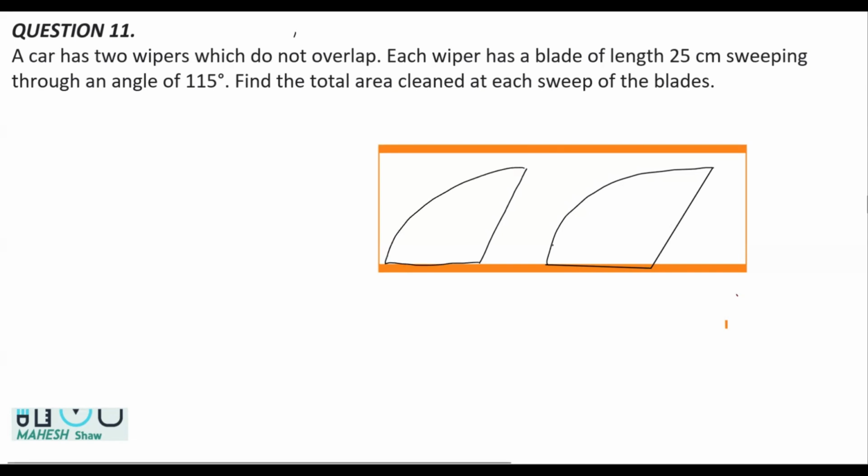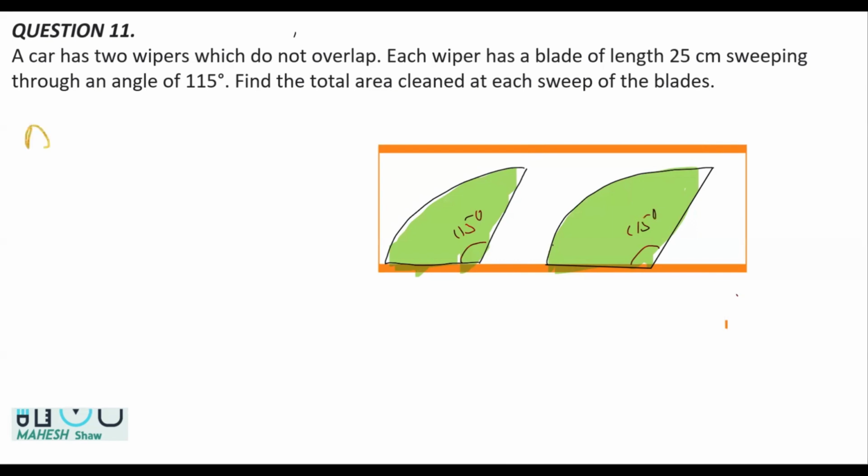So what you can figure out is that the area swept is in the shape of a sector. This is the first wiper, and this will be the second wiper. Now we have the central angle given here. This is 115 degree. This is also 115 degree. So what we are going to do is simply find the area of a sector, right? And we have a formula for finding the area of a sector.